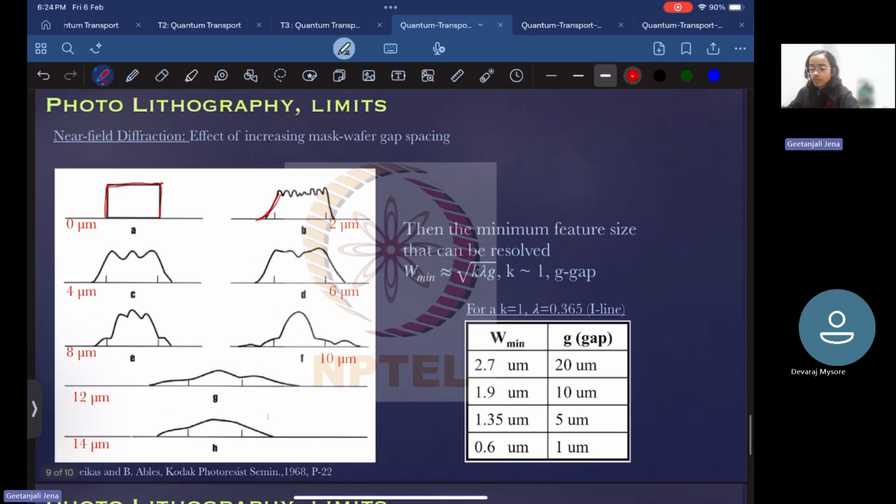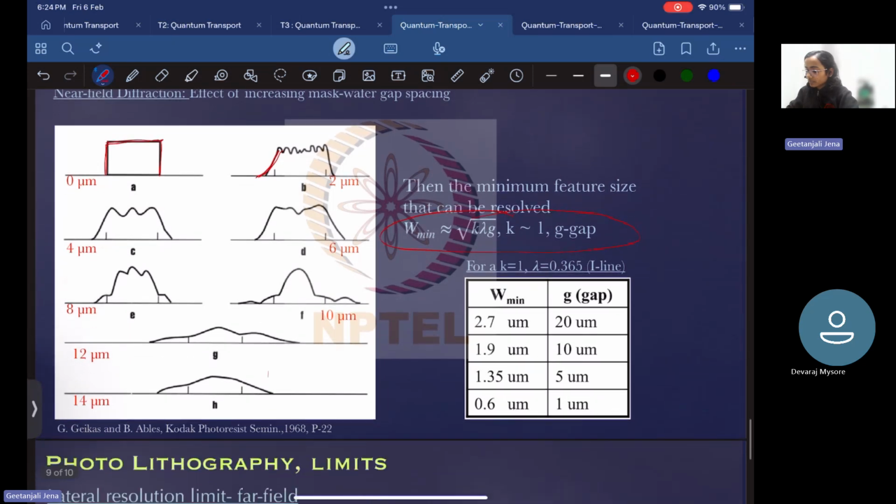Because of this, the pattern transfer from mask to photoresist becomes sensitive to the gap between the photoresist and the mask. This is one of the relations you can use to find the minimum feature size that can be resolved or patterned on the photoresist in the contact and sub-contact mode.